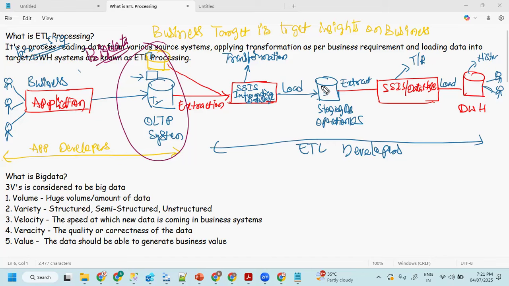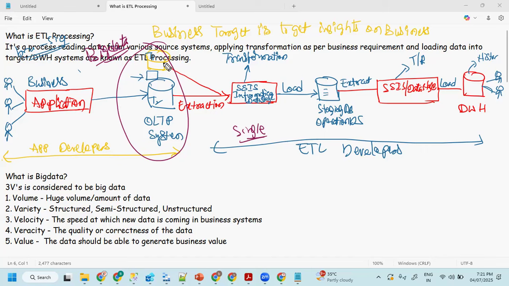Even here, a single system, and here also a single system. This entire process will happen in a single system only. It will never go to multiple systems. So there is a problem storing the data. At the same time, the processing is also going to happen only within the single system. You cannot process the data with multiple systems. So parallel processing is not available in the traditional approach, and data storage is also a problem.